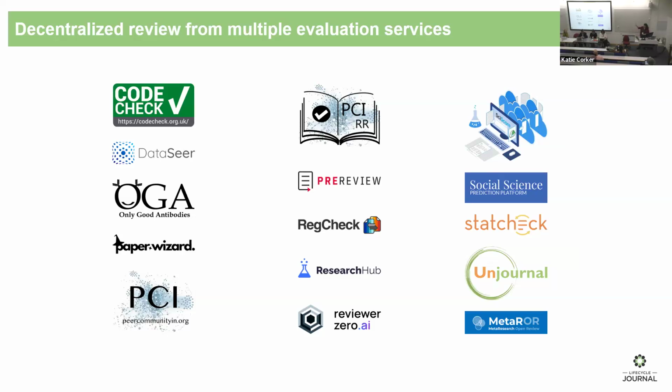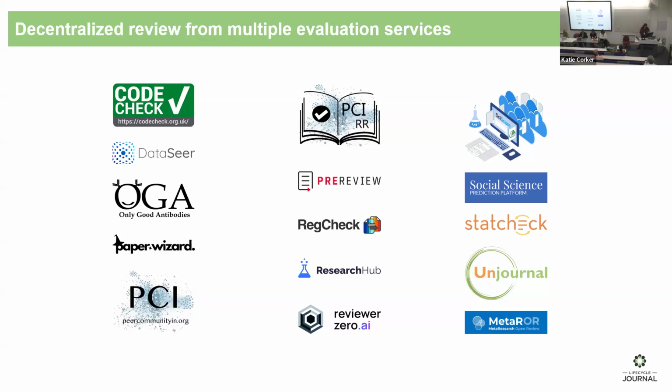So the list here is actually a mix of human-based and machine-based evaluation services. And we're trying to make the journal as inclusive as possible in terms of discipline. So our scope will evolve slightly and is based on the capacity of our evaluation services. So basically, if we have an evaluation service partner who handles a specific discipline, then we'll consider that for the journal.